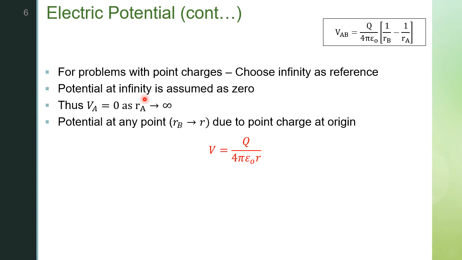Therefore, the reference point is infinity and the potential at infinity is assumed to be 0. Therefore, the potential at any point due to a point charge at the origin is given by Q by 4 pi epsilon R, where RB is made as R.